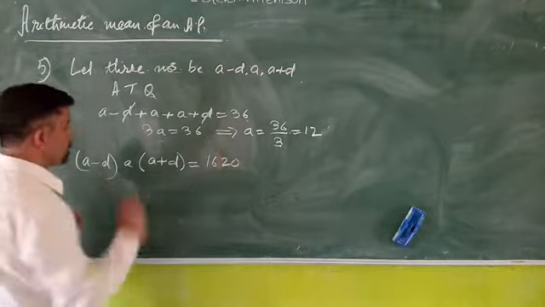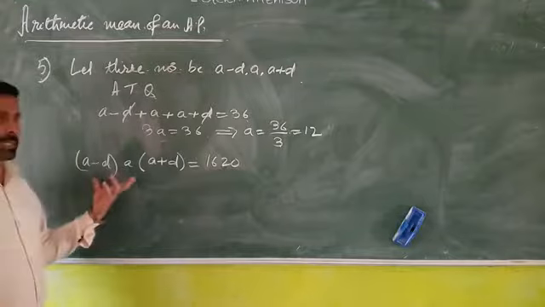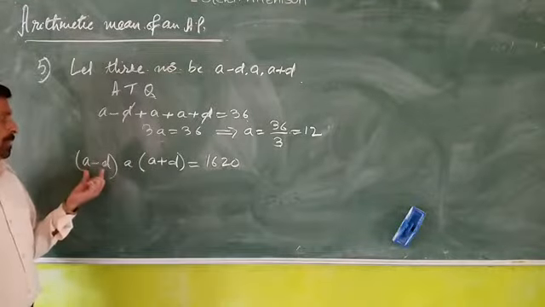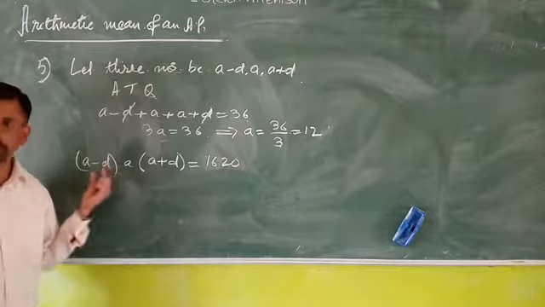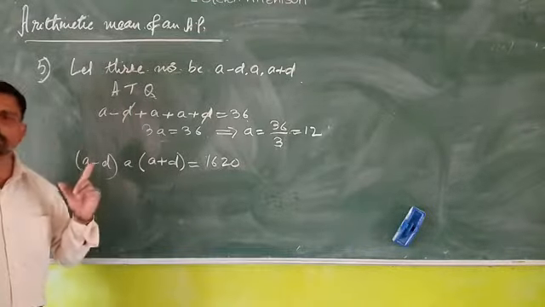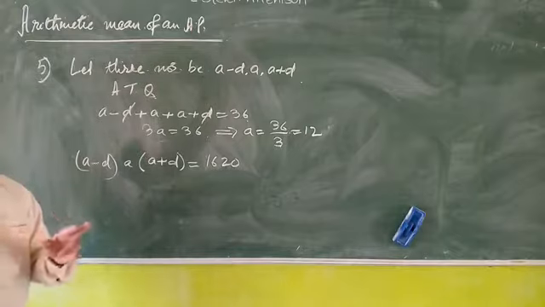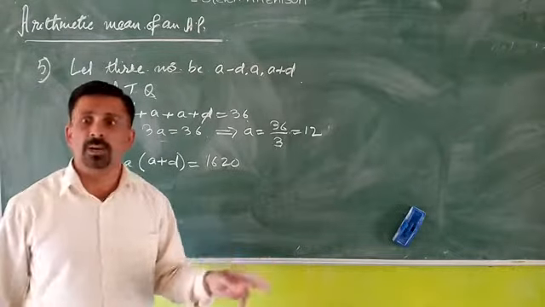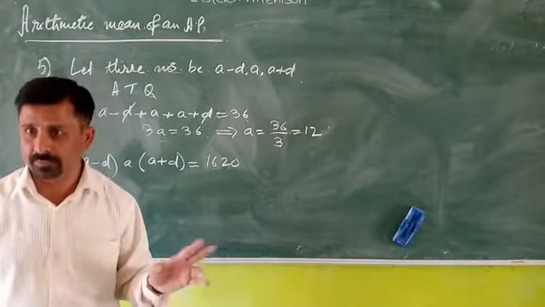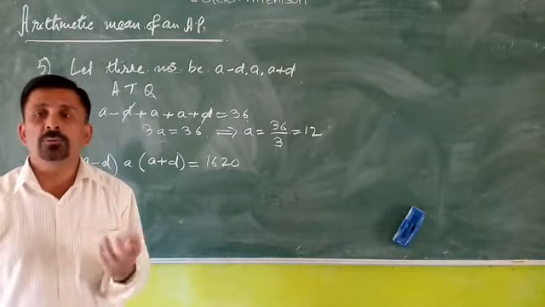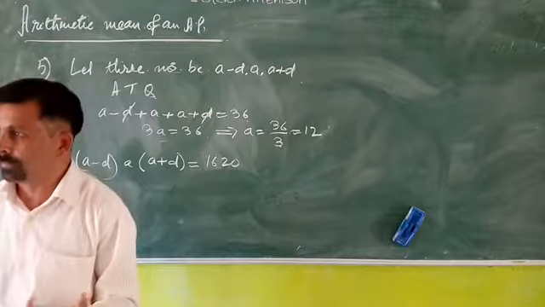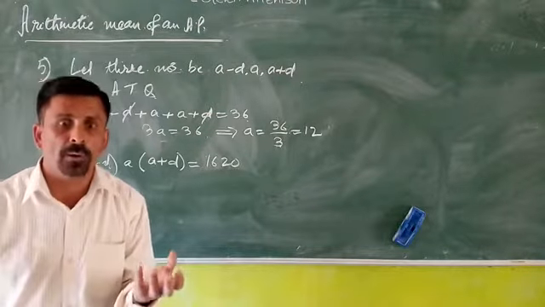Now, there are 3 terms multiplied. We need to know that 3 terms cannot be multiplied together at once. If we have 3 terms to add, we follow the associative law.